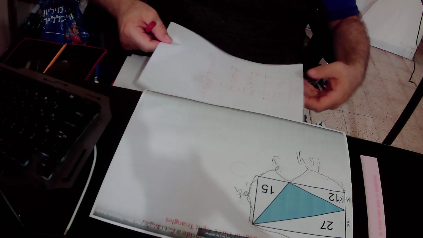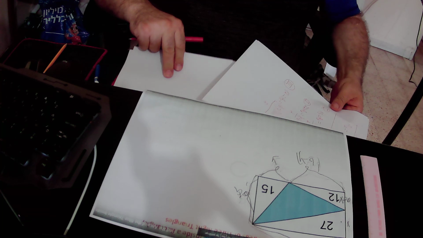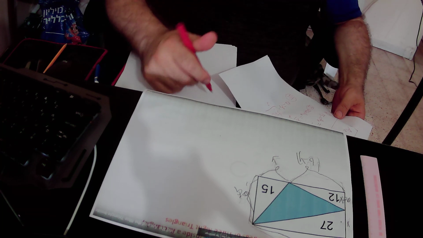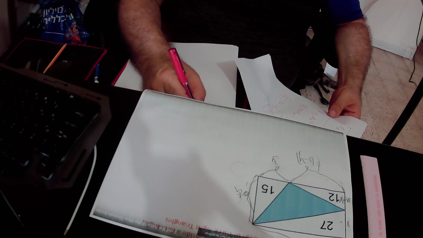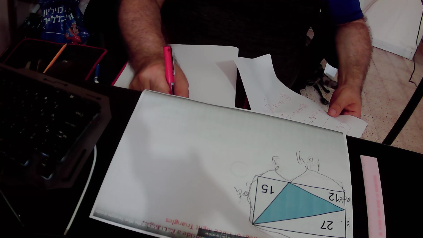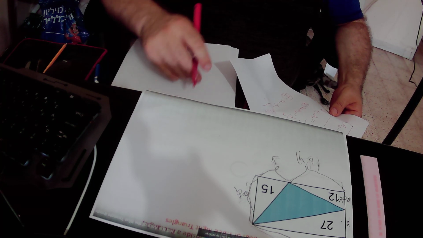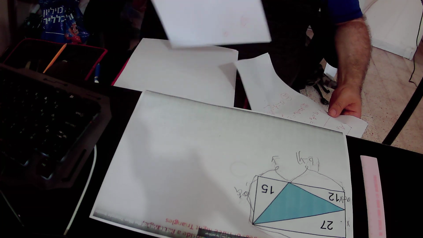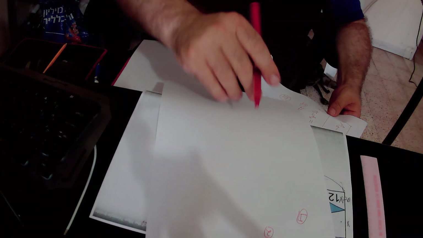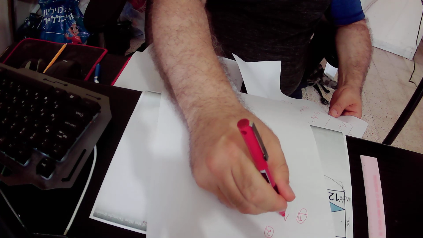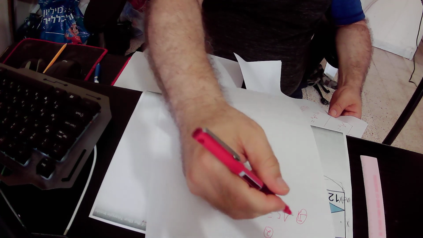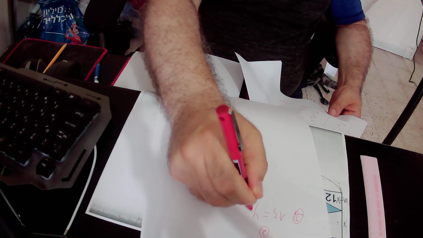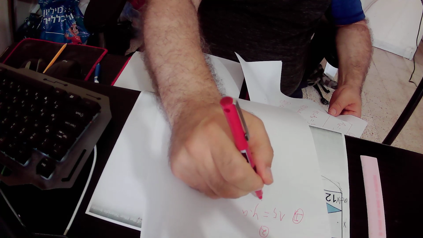So, the first equation is actually 15 equals y times a divided by 2.